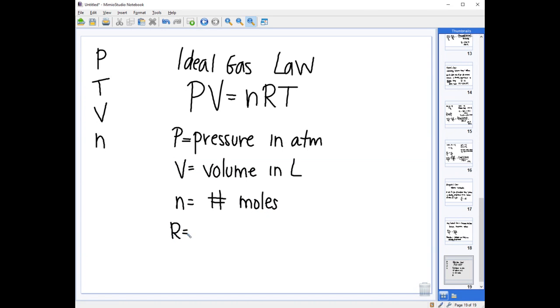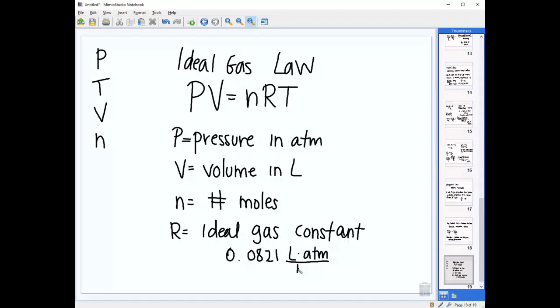Your R is what we refer to as the ideal gas constant, and it has a value of 0.0821 liters times atmosphere divided by mole times Kelvin. And T is your temperature in Kelvin.